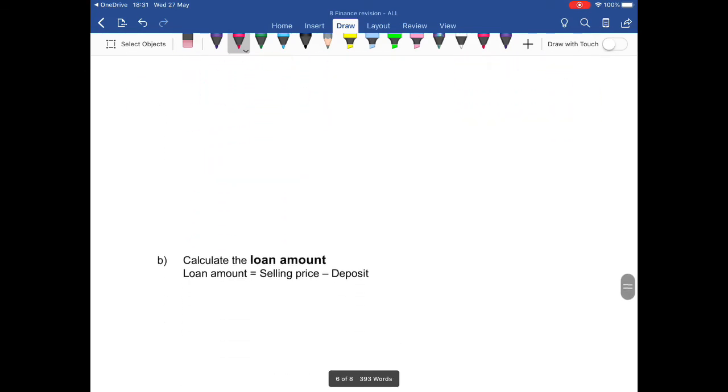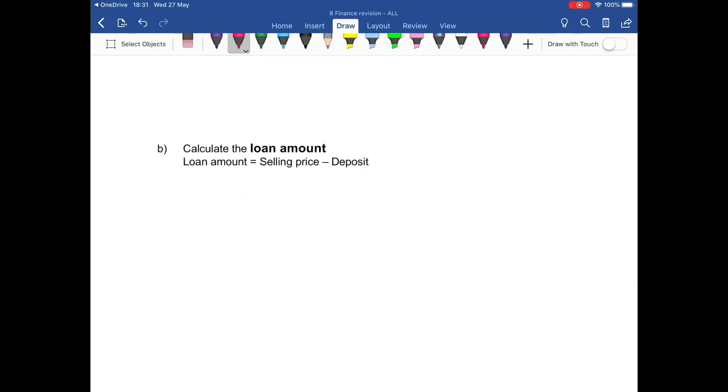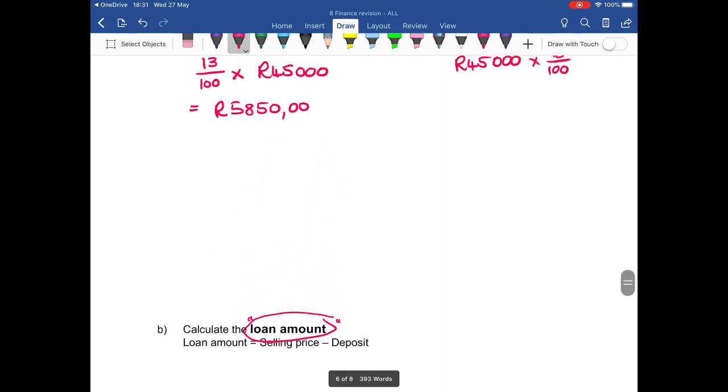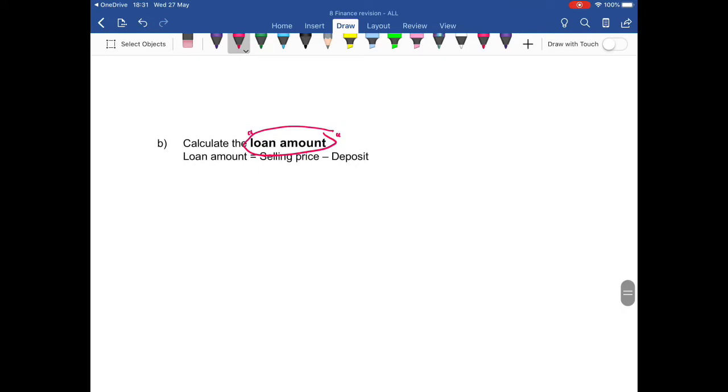Then I have to go and calculate the loan amount. Well, the loan amount is how much you are going to technically borrow from the shop. So you've already paid 5,850. So how much do you need to borrow, in inverted commas, from the shop?